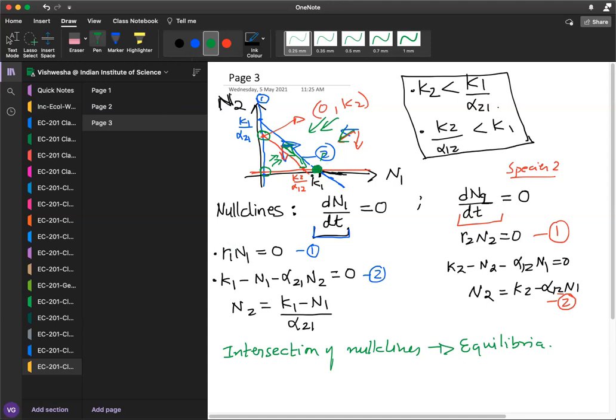There is only one stable equilibrium, so this condition corresponds to species 1 outcompeting species 2. In fact, the stable equilibrium for this condition is (K1, 0).